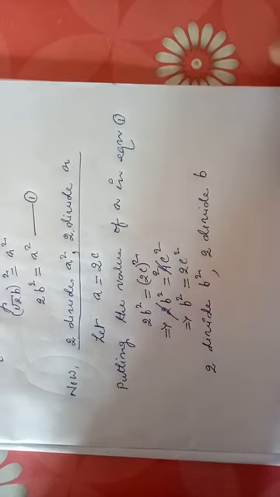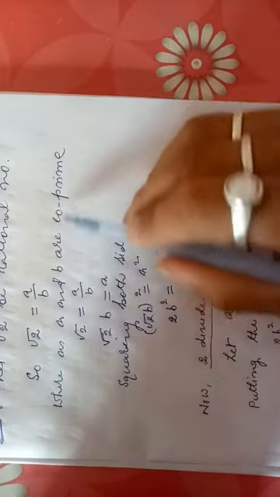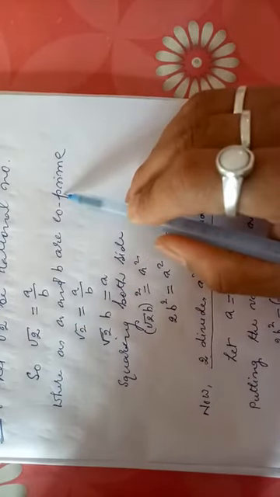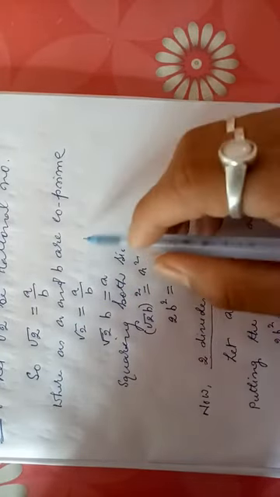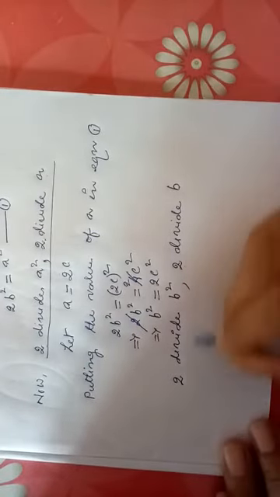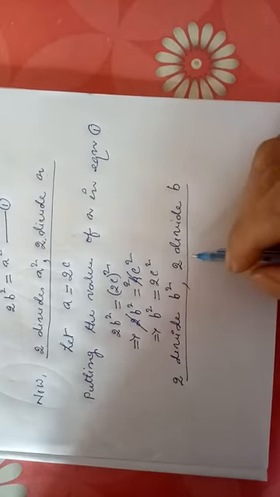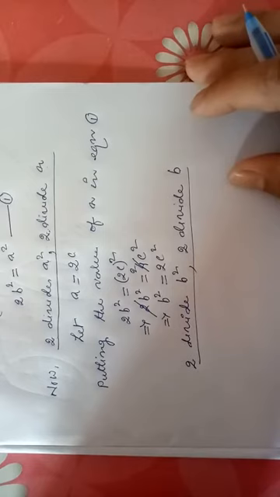So what did you take at the beginning? a and b are co-prime. That means a and b have only one as a common factor. But we see this: 2 is also a common factor. So what we took earlier is not correct.